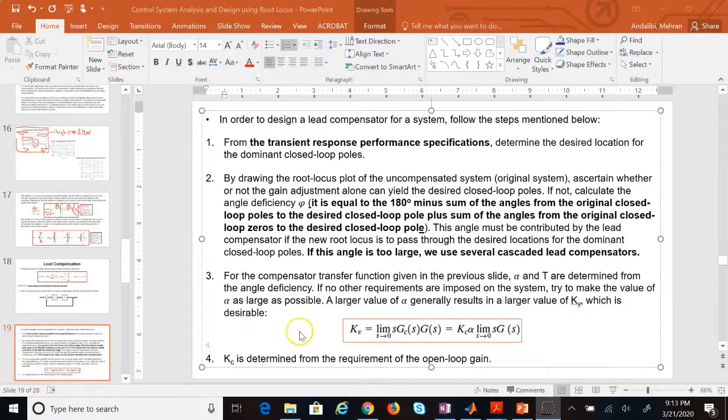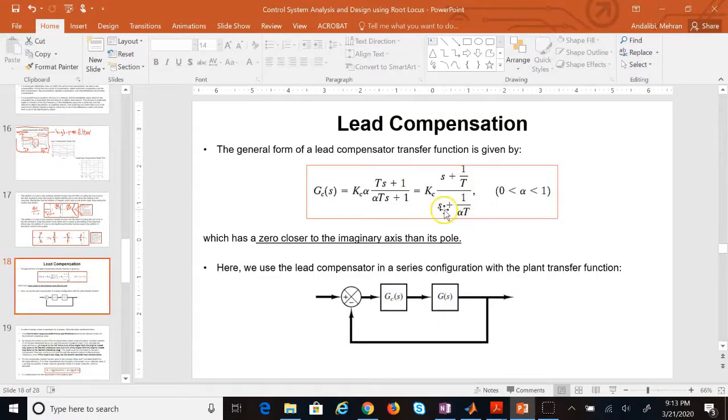Okay, so as you can see here, when S goes to 0, the limit of the lead controller as S goes to 0 is Kc times alpha, and that is clear from the definition of it, from the formula. You can see here, as S goes to 0, you're going to get Kc times 1 over T divided by 1 over alpha T. If you simplify the T terms, you're going to get Kc times alpha.